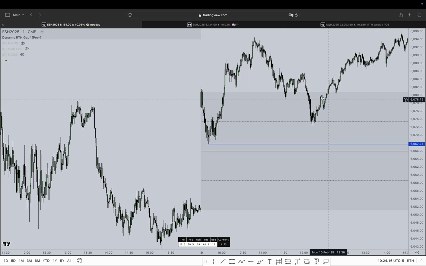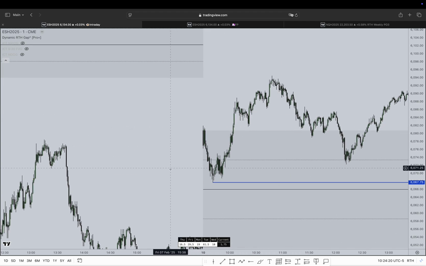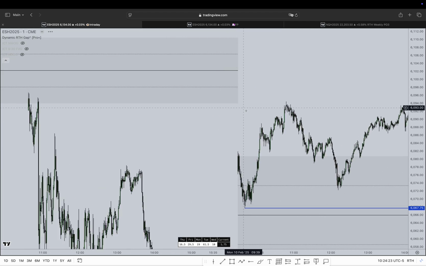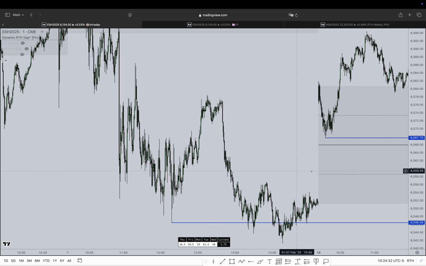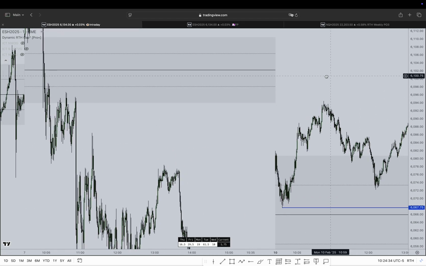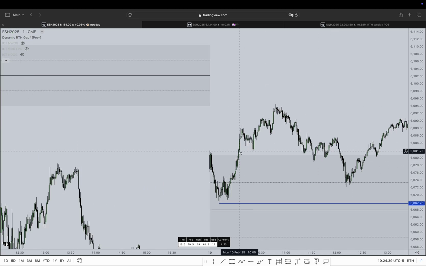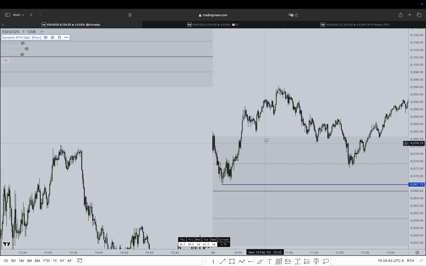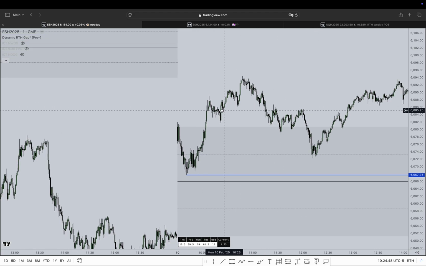So this day, for example, ICT wanted to close the gap, and I was expecting to not close the gap because we did an offset accumulation on the previous market on close, and we are opening with a huge gap on Monday, and we have a draw on liquidity higher. So I was waiting to see a gap divergence here at the upper portion of the regular trading hours gap.